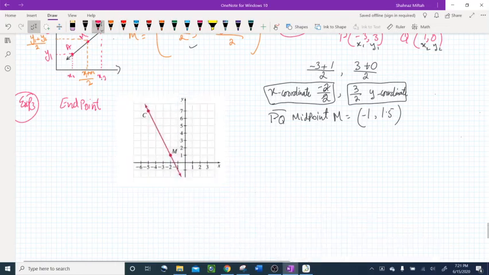So the question is asking about the midpoint of the segment CD. The point C, I have. The midpoint M, I have. But I don't have D, which is somewhere over here, and I don't know the coordinates of that endpoint at all.